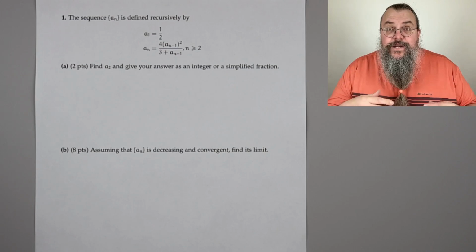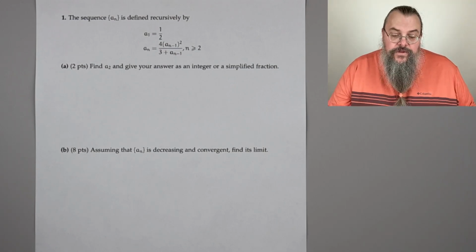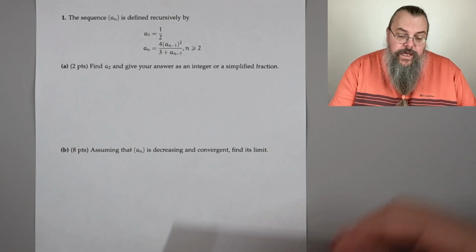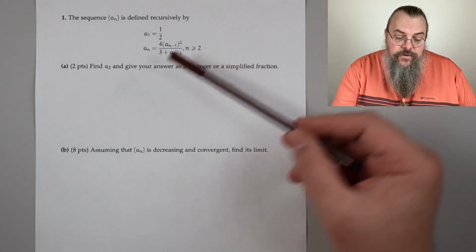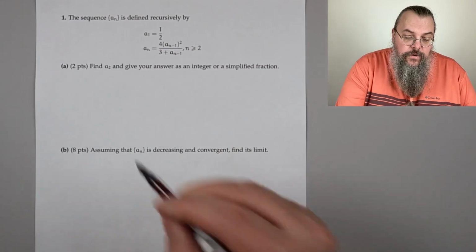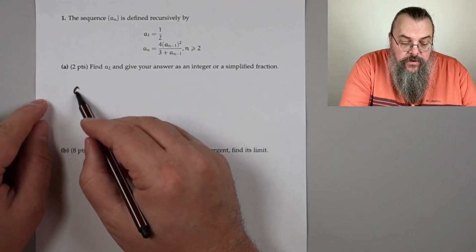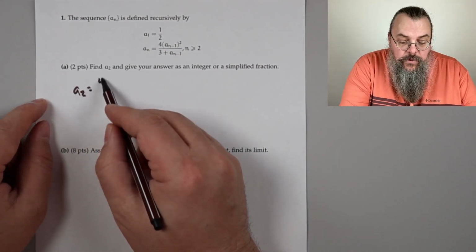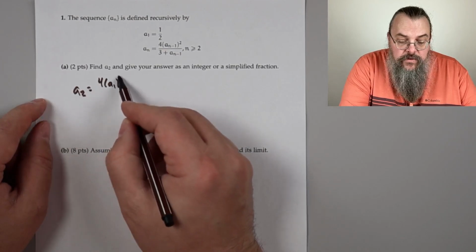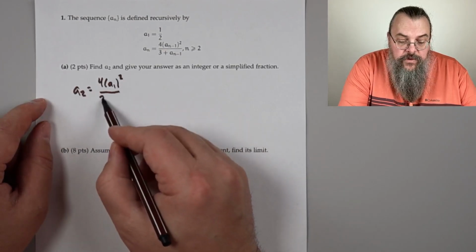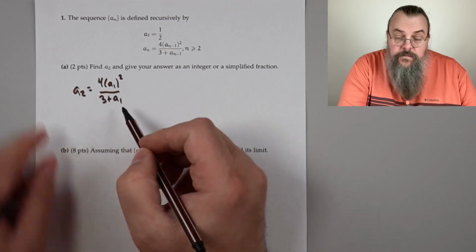Here, simplified fraction says cancel out any common factors. Well, so what do we know? We know what A1 is, and now the rule says if I want A2, what do we do? Well, A2 will be 4 A1 squared over 3 plus A1.